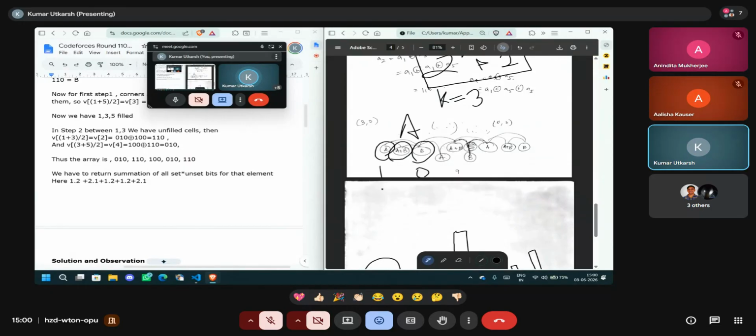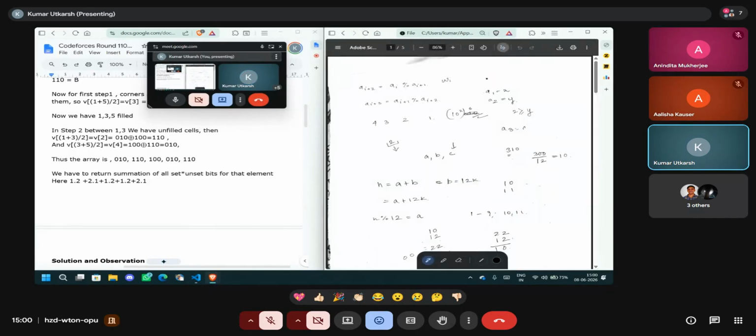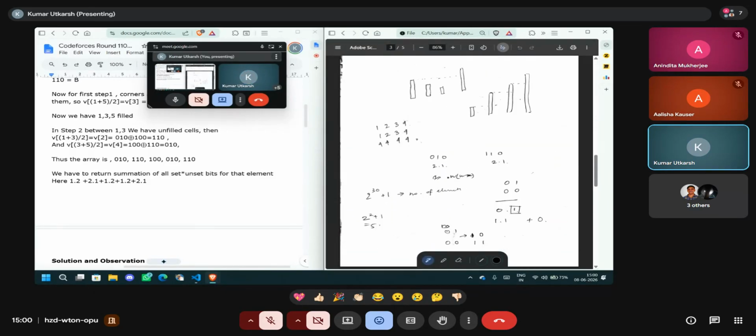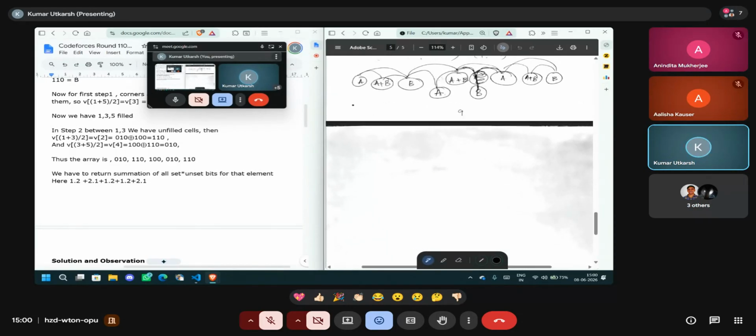For A, what is the combination? For A, it's already given to us what A can be. A is given in our sum. It will have a count of C1, and the C0 count will be n minus C1, right?